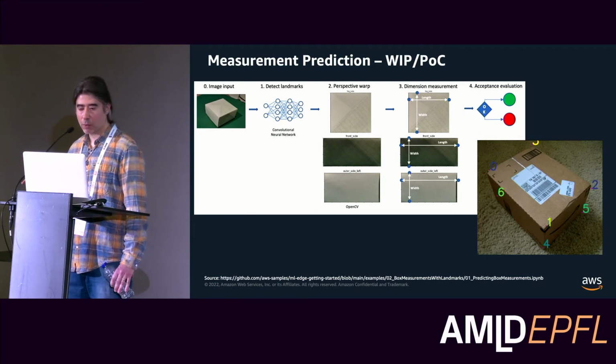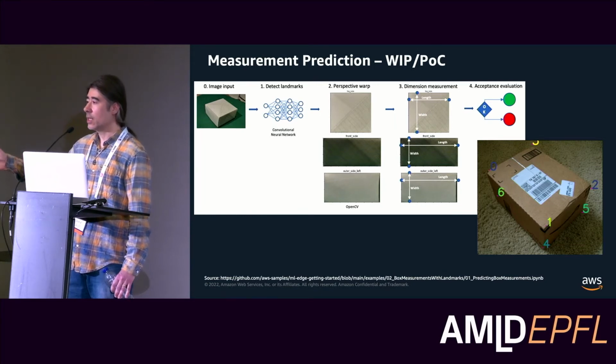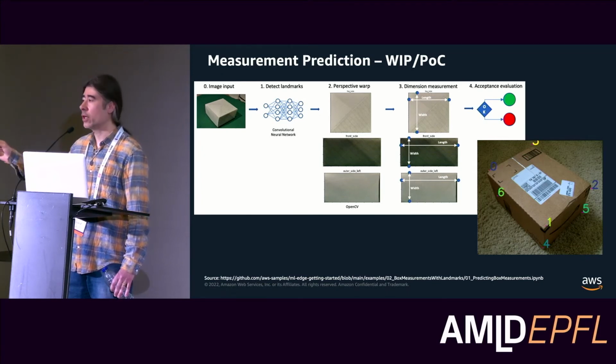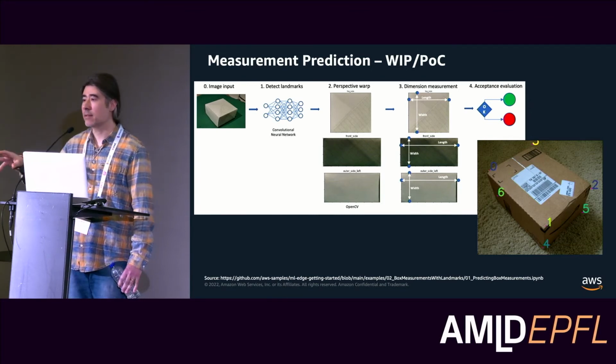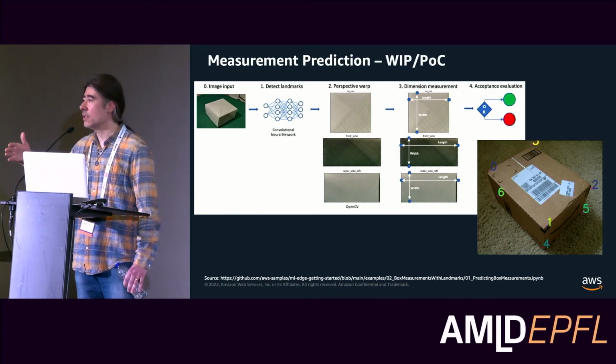And we helped this customer to create a custom model. So it's a convolutional neural network, a computer vision model, similar to a pose estimation. The prediction is a regression, and the regression is a set of corners, the corners of the object. Then you have post-processing code that gets these corners and computes the edges and the areas of the surface.